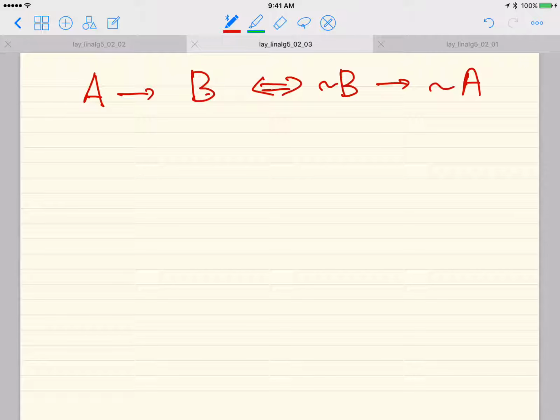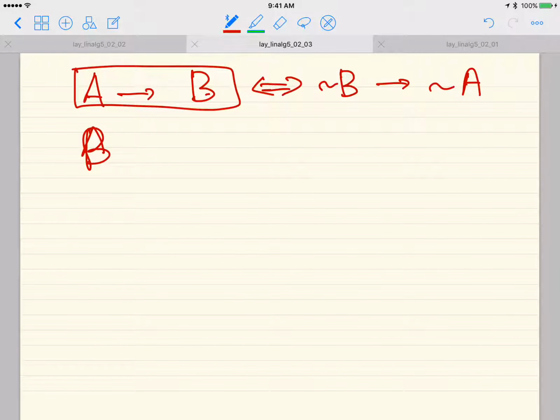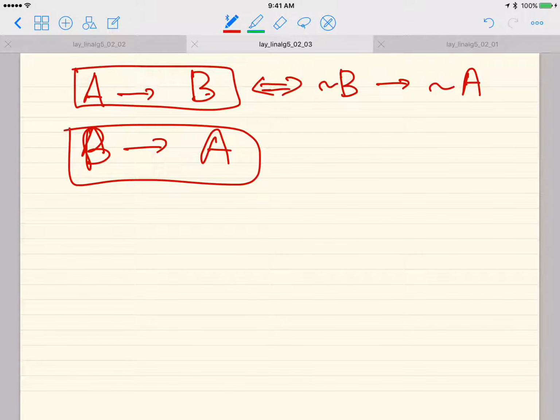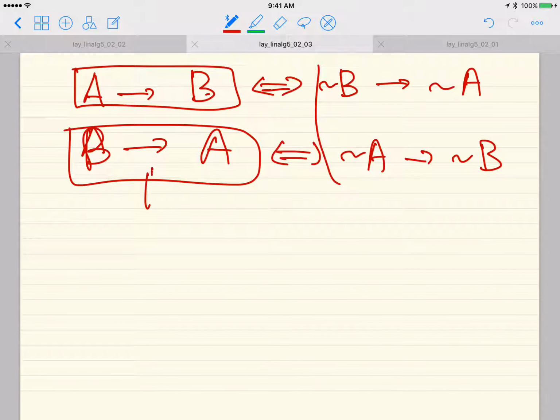So suppose you prove this, and also when B is true and A is also true, okay? In that case, not A will lead to not B, right?